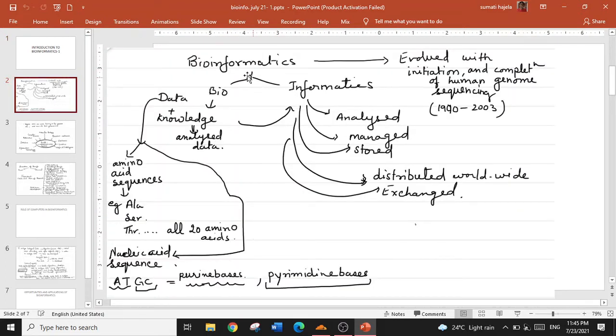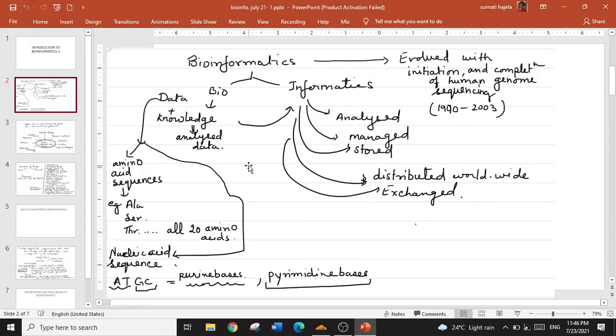You can see that this word is made up of two meaningful parts. First is bio and other is informatics. Bio stands for biology and its data. Examples of its data are amino acid sequences, nucleic acid sequences, etc. And other organic molecules and macromolecules can be analyzed in this field.